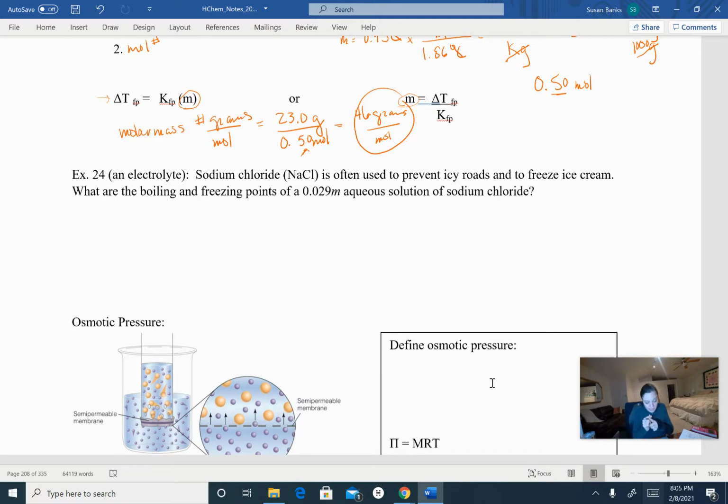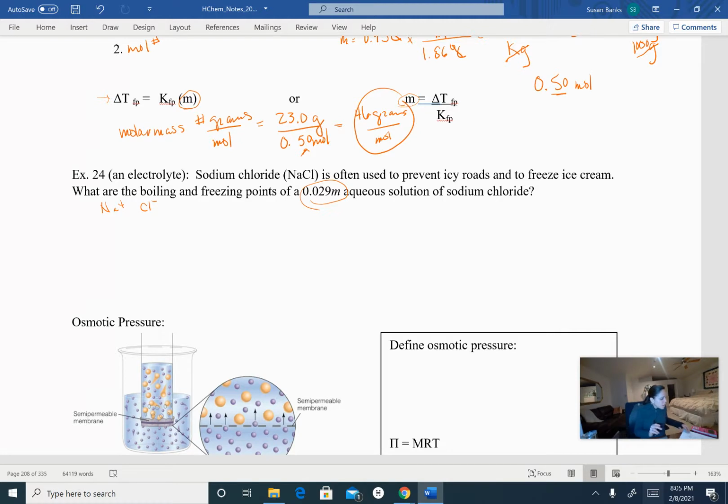Now, remember, this is an ionic compound, and we have to determine with ionic compounds whether they are soluble or not. So sodium chloride actually breaks into ions. So instead of 0.029 molar, don't I get 2 particles for the price of 1?